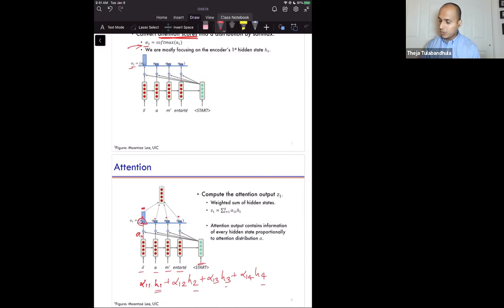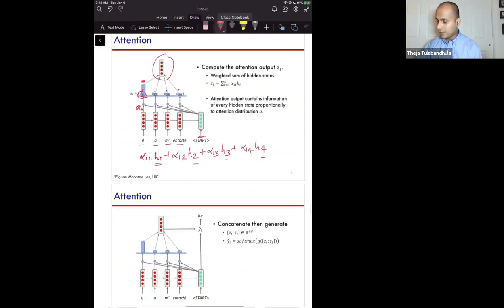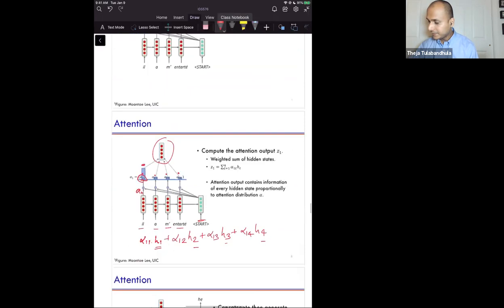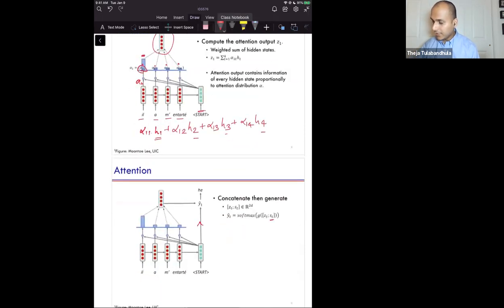So what we're going to do is use that average number and the output of my decoder's RNN, the S1 that we were using earlier to produce these scores. Let's call the averaged number Z1.